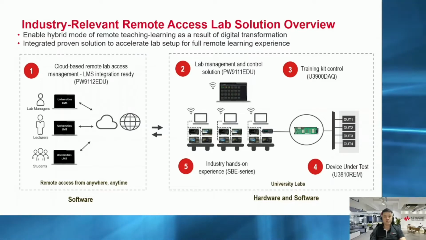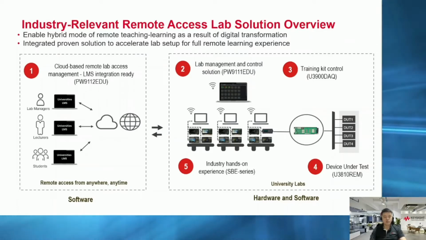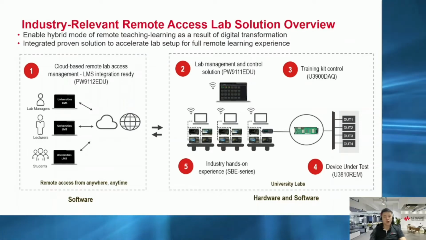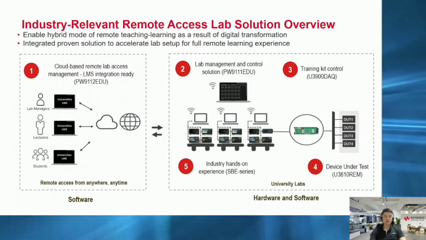The third is the training kit control. The training kit control, we can say it's a DAQ. It allows the user to shift the set connections to another DUT without any changes to the lab when you perform some lab work.